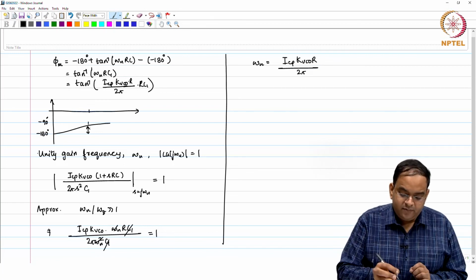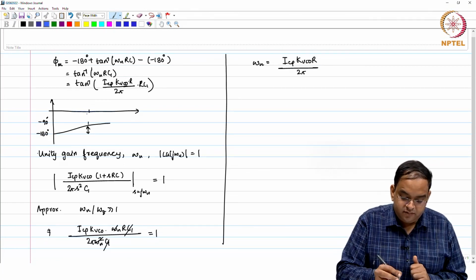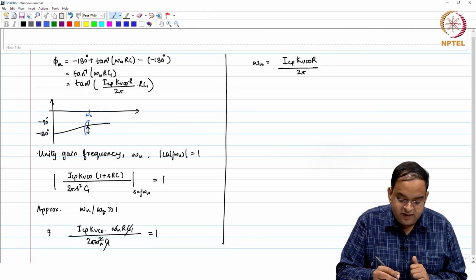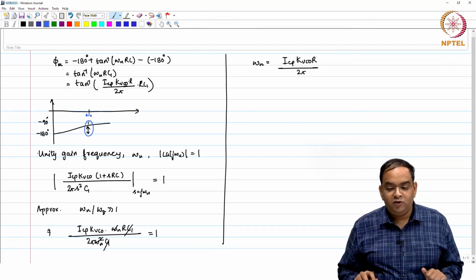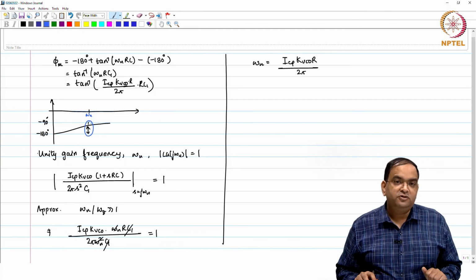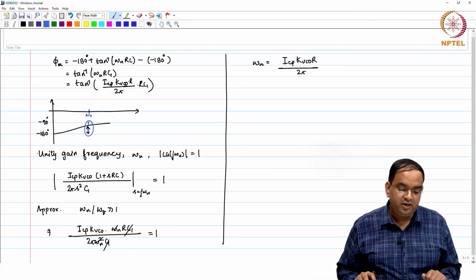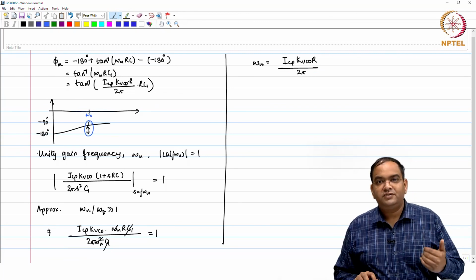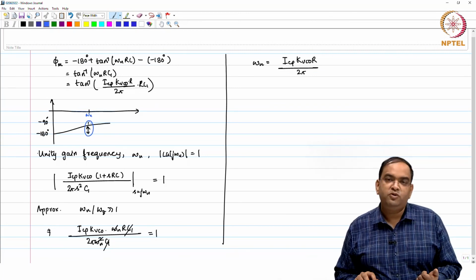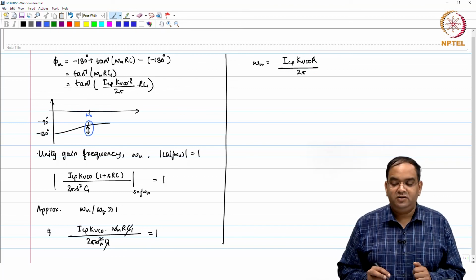Okay. And looking at the plot, we know that the phase margin is greater than or very close to 90 degree. Okay. So, this system is going to be quite stable. Okay. If you have a 0, that is why we earlier also introduced a 0 to make the PLL stable. Okay. Thank you.